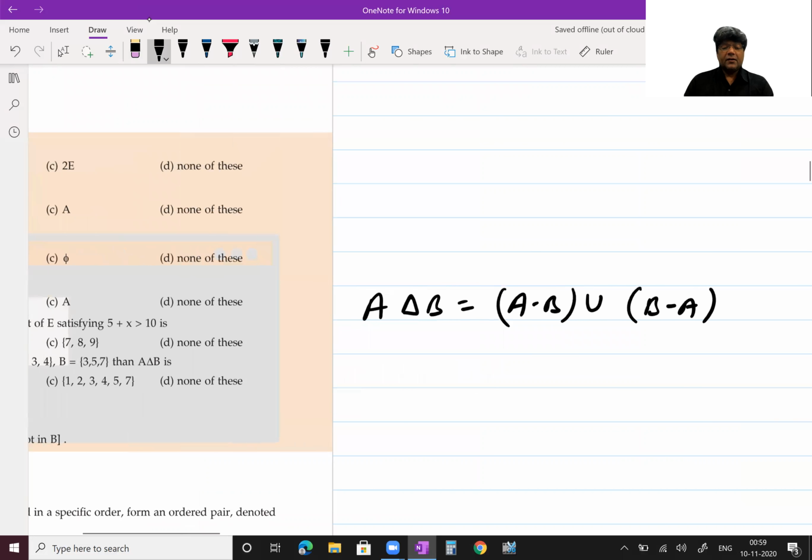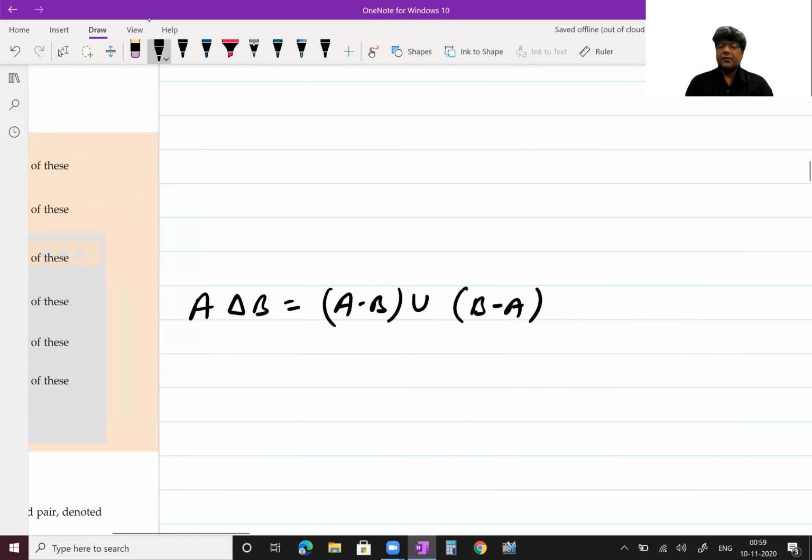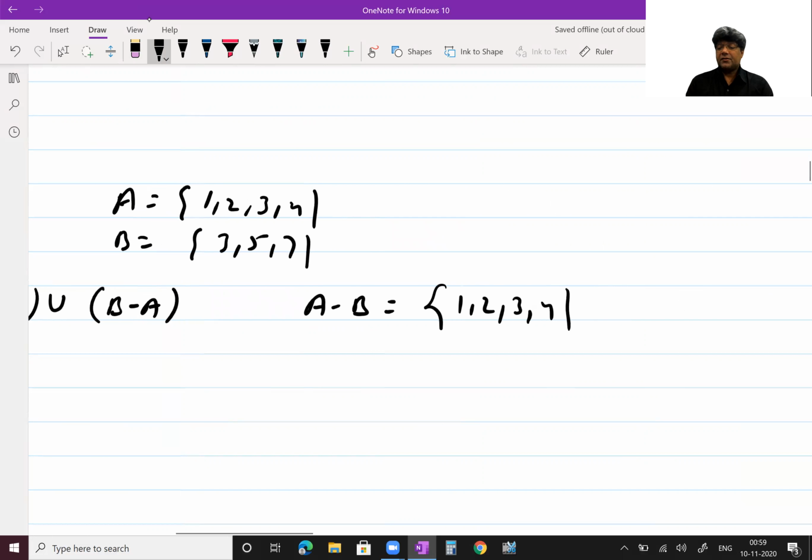See, A is 1, 2, 3, 4 and B is 3, 5, 7. So if you calculate A minus B, that means 1, 2, 3, 4 minus 3, 5, 7.